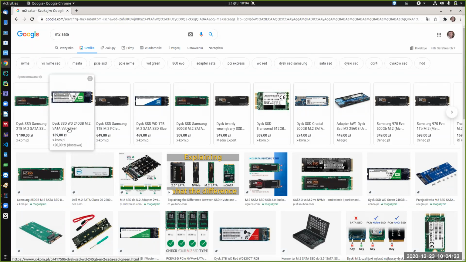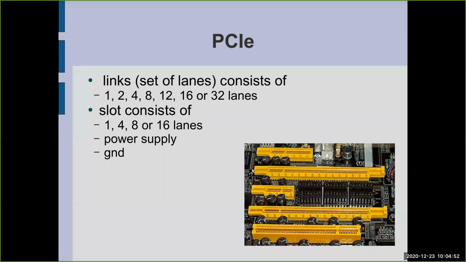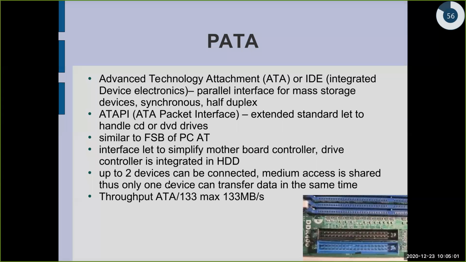But remember that whether we are able to connect an NVMe or serial ATA hard drive depends on the main board. We can't connect just any of these two. So if your main board or slot supports NVMe, you should connect NVMe. If not, probably you should connect serial ATA.